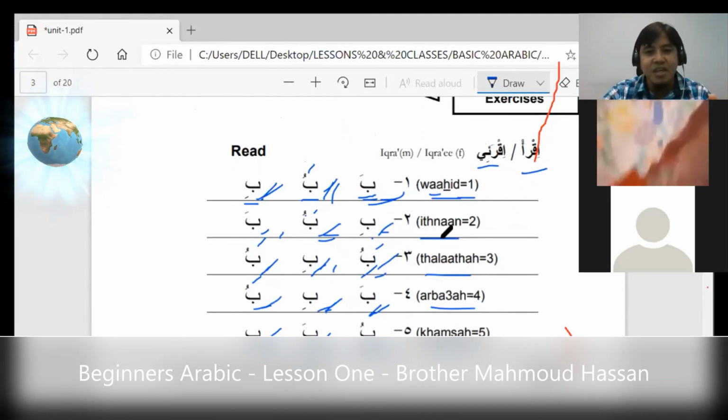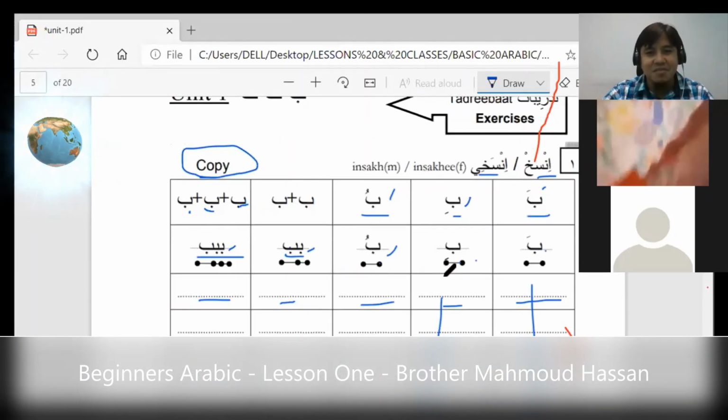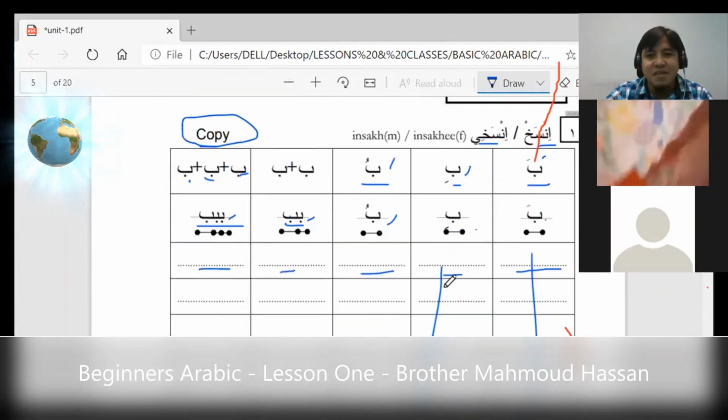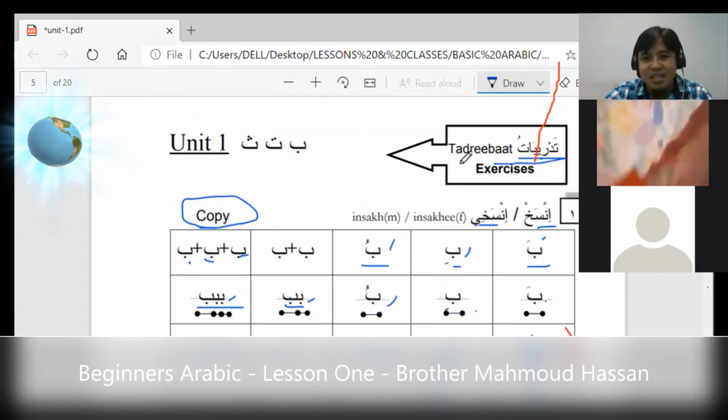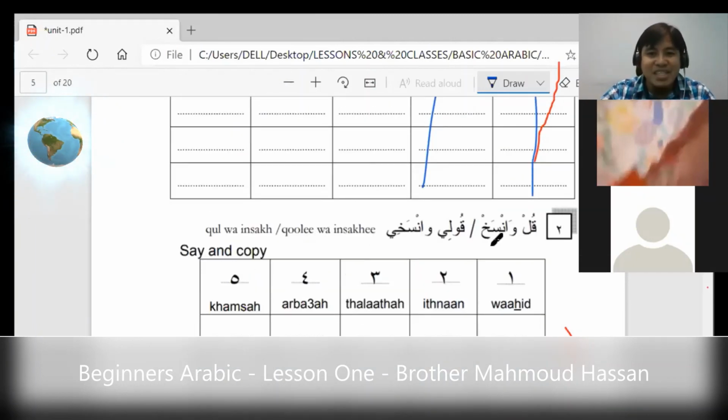Ithnan, with prolongation. Then thalatha, arba'a, then khamsa. And down here, we also have the exercises for the numbers. قل وانسخ, say and copy.